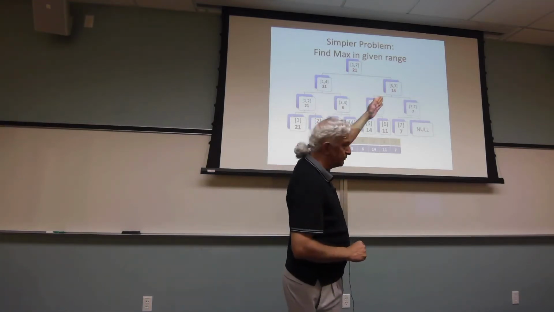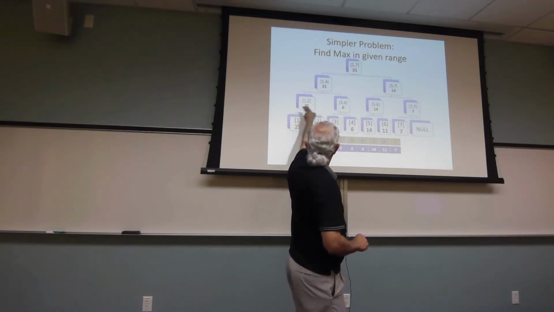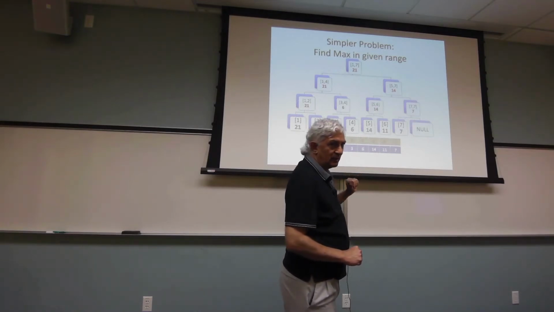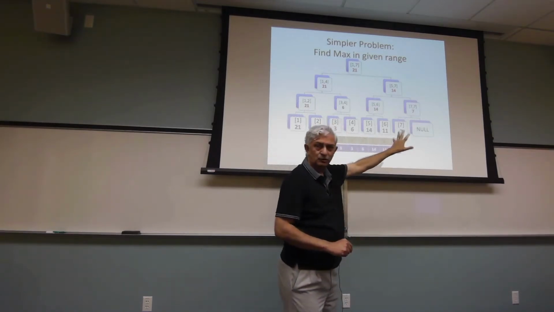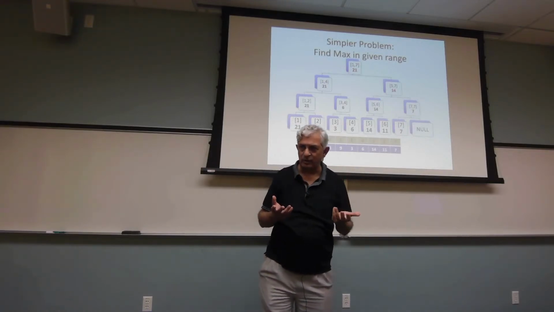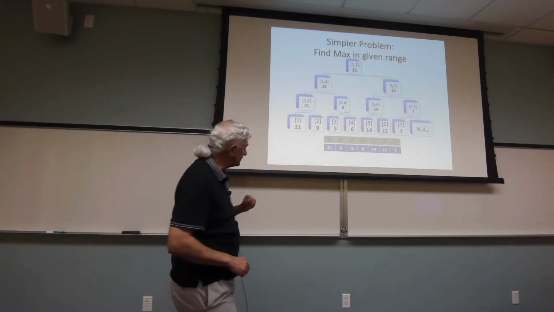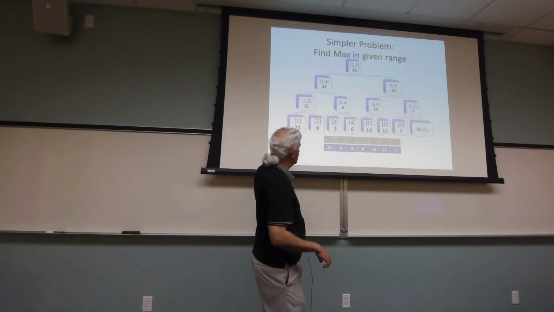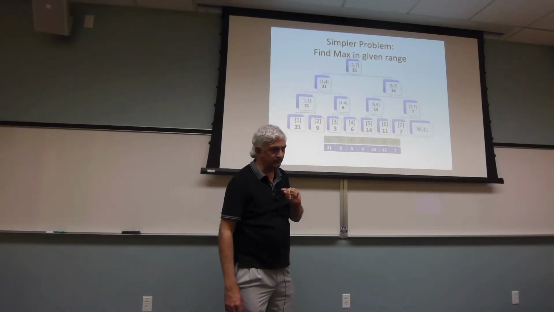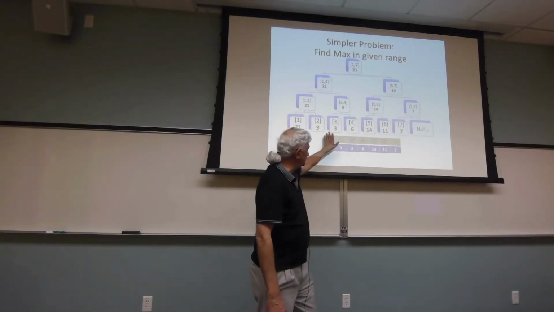On this side you have 1 to 4, and that side you have 5 to 7. And then 1 to 4 again gets broken down into 1 to 2 and 3 to 4. And then at the end you have the leaves which correspond to your items. So it's a slightly different organization. This is called a segment tree. And at the bottom here, I have the information about frequency. So this says 1 appears 21 times, 2 appears 9 times, and so on and so forth.